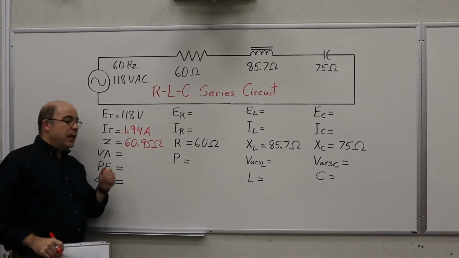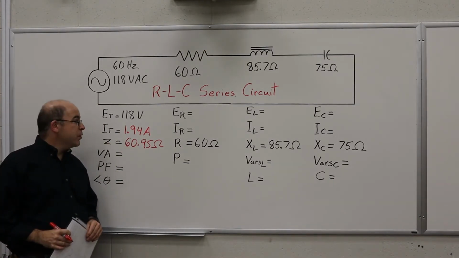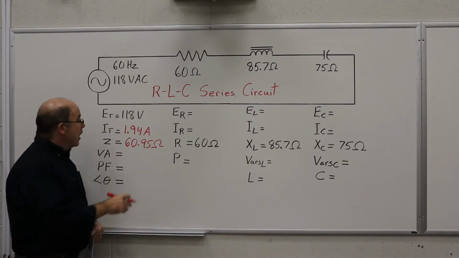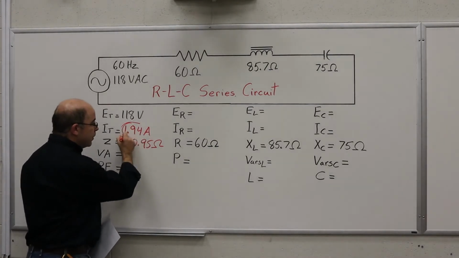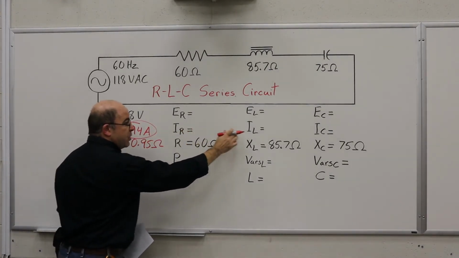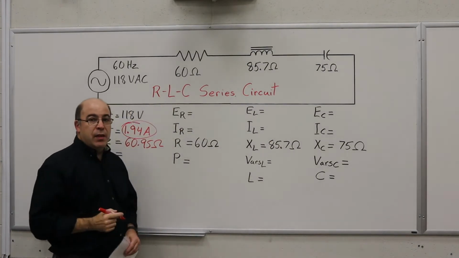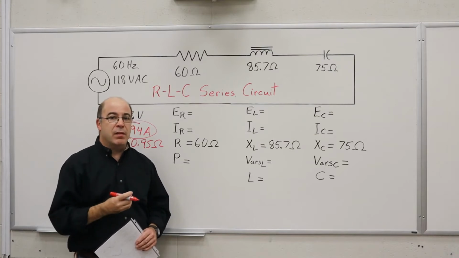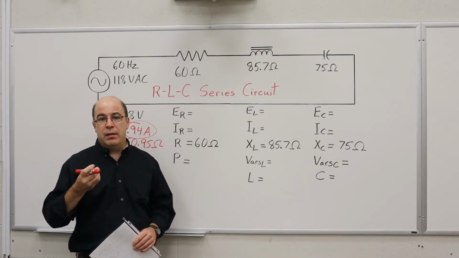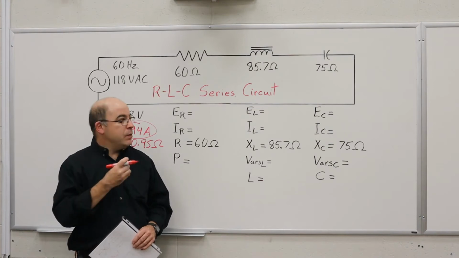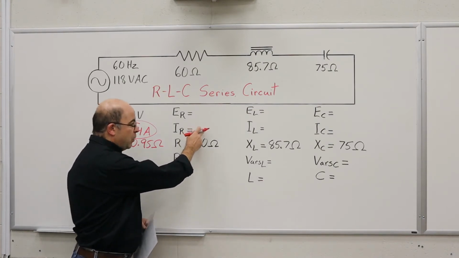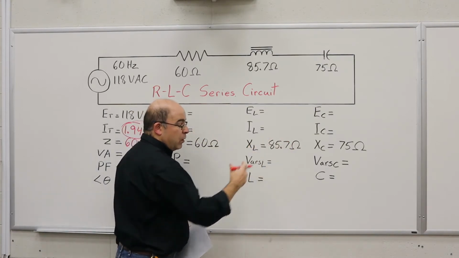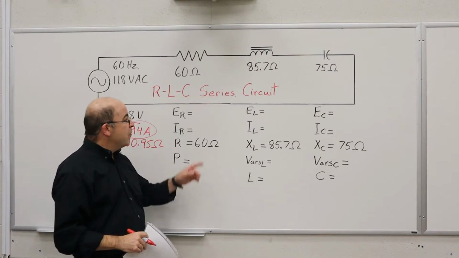Now that I've calculated the total amount of current for the circuit, 1.94 amperes, this being a series circuit, I can take this value and I can put it in each of the branches, because in a series circuit, the current is going to be the same at any point in the circuit. Once you've got the current as a known value, it's just a matter of using the current and the individual value of resistance, inductive reactance, or capacitive reactance, and we can solve for the voltage drop.